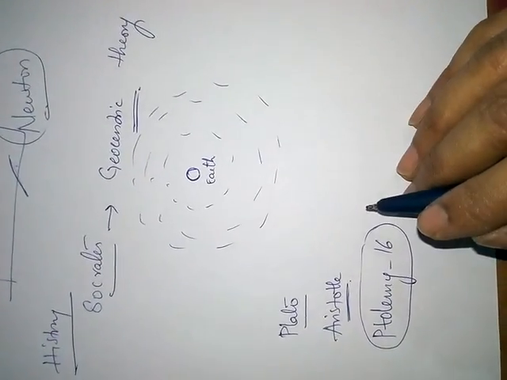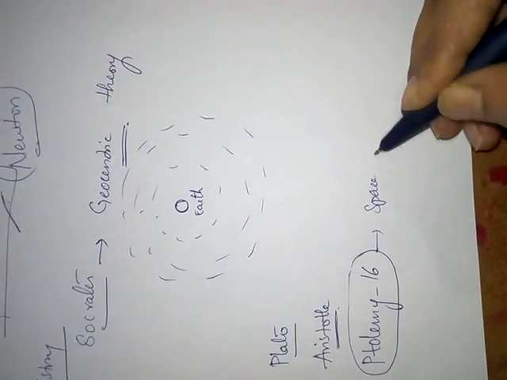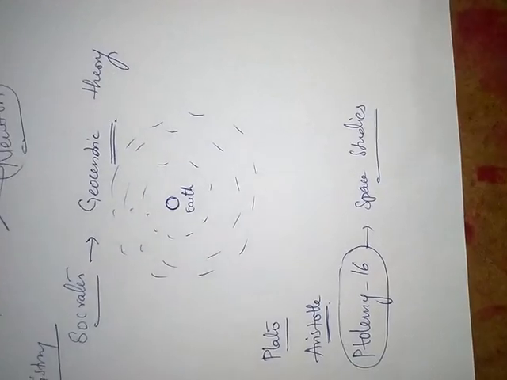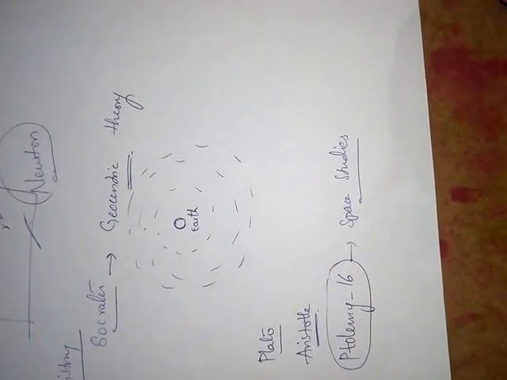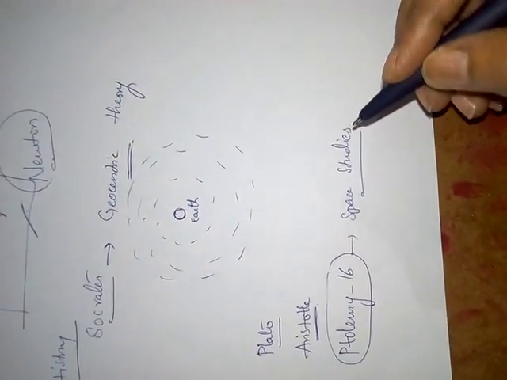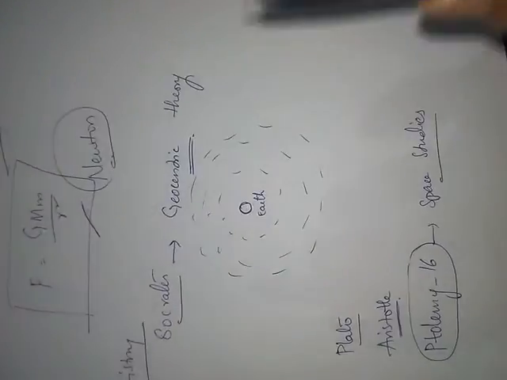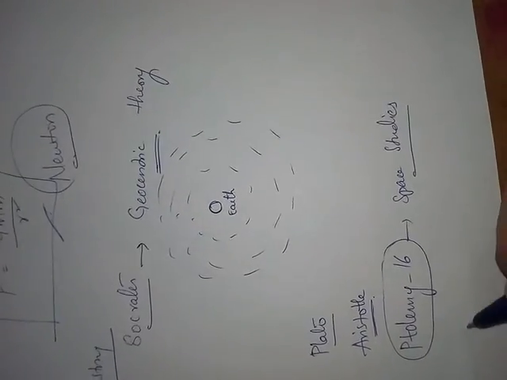Among those, this Ptolemy was a particular king who was interested in studies on space, like watching stars, watching the moon, looking into space, observing the sun and its movement. So he also supported the same old geocentric theory. Maybe he formulated certain evidences, maybe.